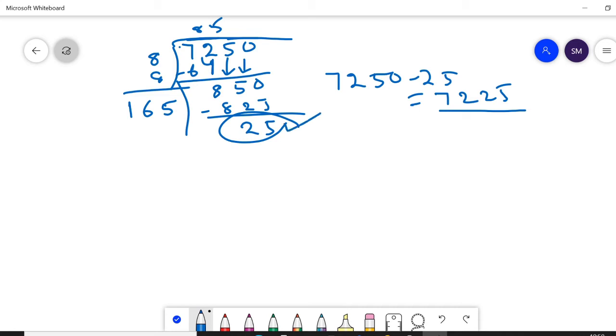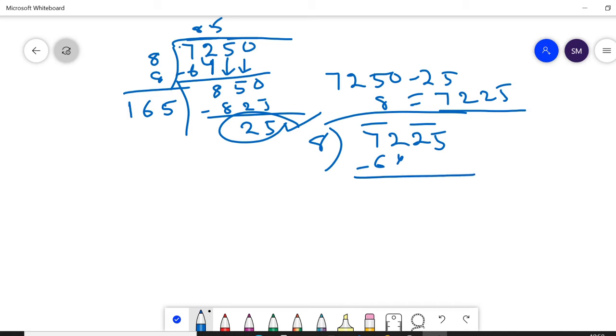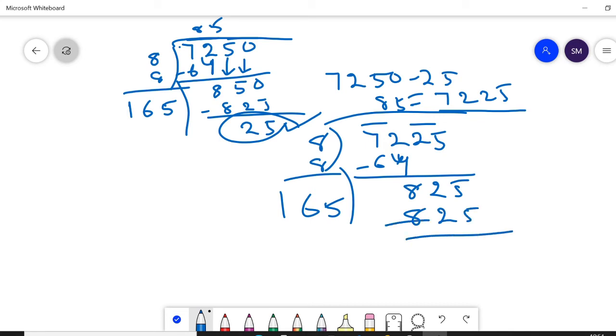Look here. 8 eights are 64. This is 8. 8 plus 8 is 16. 165 times 5 is 825. You get the remainder 0.